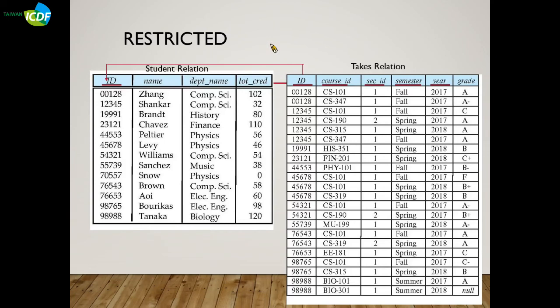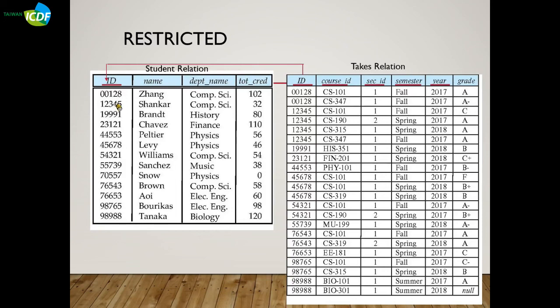In restricted rules, the tuples of the referenced tables can only be deleted under some conditions. The condition is that the tuples are not referenced by other tables, because the deletion of some tuples may cause dangling reference values from other tables. In these situations, the deletions will be restricted.